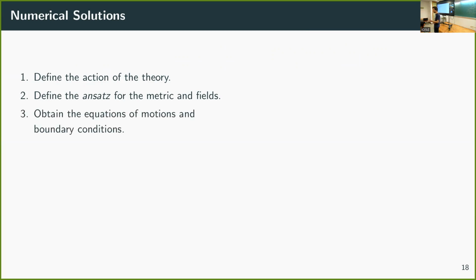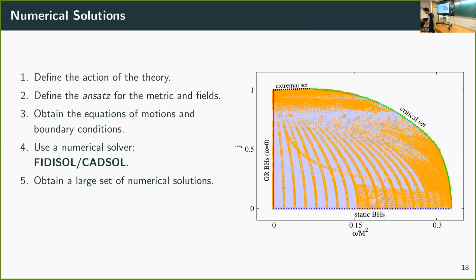Then you can obtain the equations of motion for these ansatz functions. You can also define the boundary conditions, depending on whether you want, for example, asymptotic flatness, some symmetries, and so on. After that, we use the PDSol/GATSol solver, that some of you are already familiar with. And finally, we obtain a large set of numerical solutions.